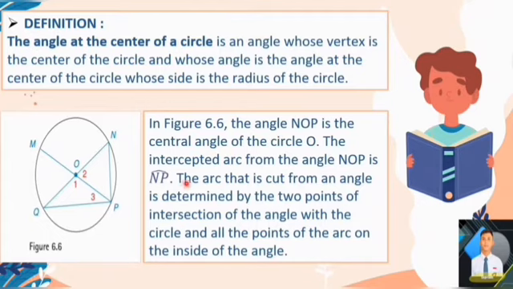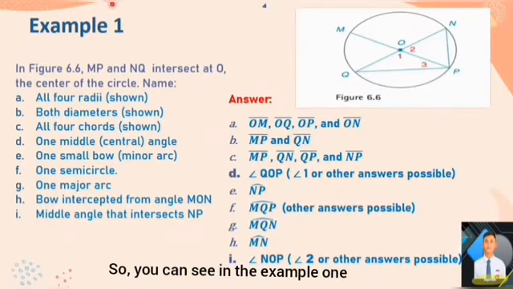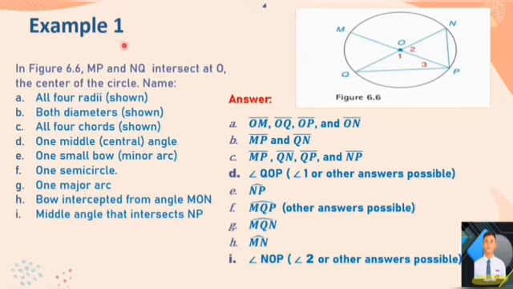The arc that is cut from an angle is determined by the two points of intersection of the angle with the circle, and all the points of the arc lie on the inside of the angle. Okay, to see this clearly in figure 6.6, you can see example 1. In figure 6.6, NP and NQ intersect at O, the center of the circle.